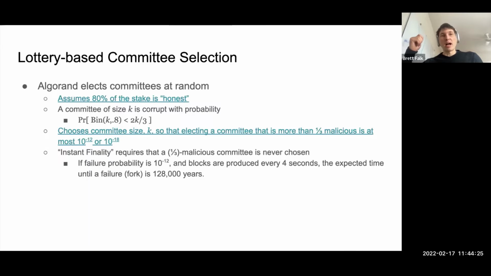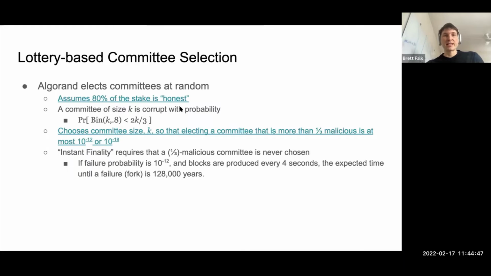And so they can do an analysis. It's very straightforward, right? The probability of a random committee of size K being elected and having more than 1/3 dishonest or less than 2/3 honest is the probability that a binomial distribution with K samples with probability 0.8 is less than 2K/3.